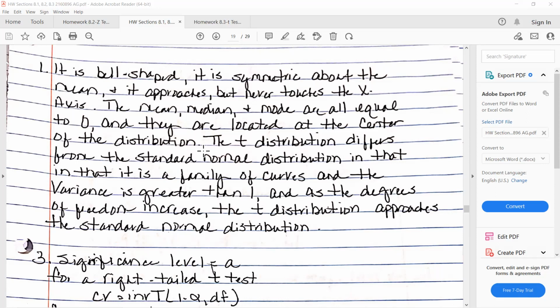The similarities I'll underline in green. So bell-shaped, symmetric about the origin, and it approaches but never touches the x-axis.